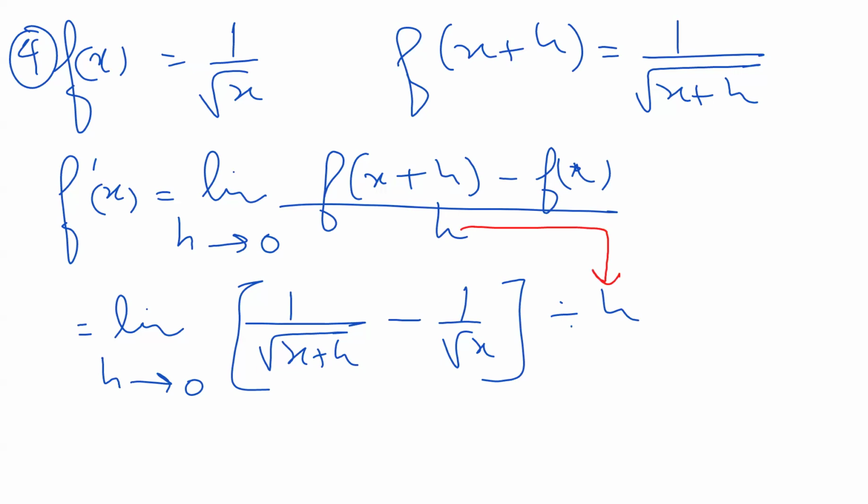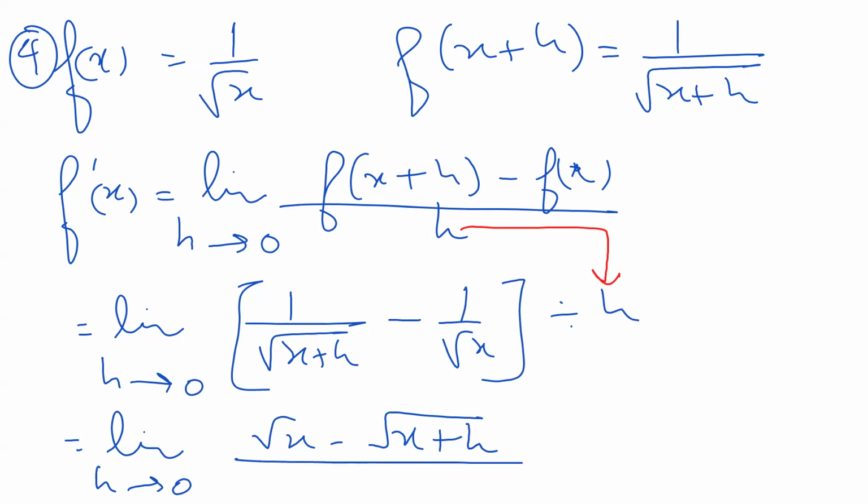In the bracket, you can take LCM, limit h approaching 0, and this will be root x plus h into root x into 1 upon h. Okay. Now, whenever we have a situation of root minus root, then we rationalize. Rationalize the term wherever it is.